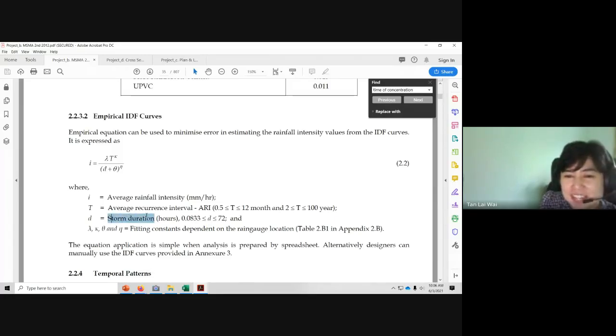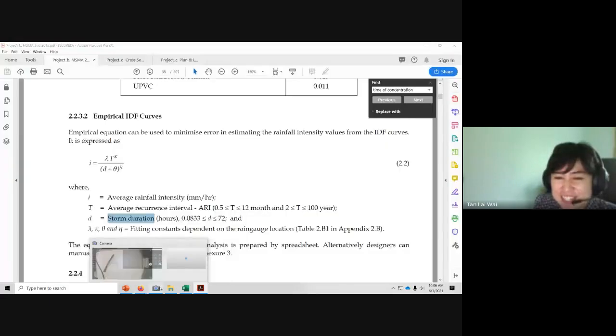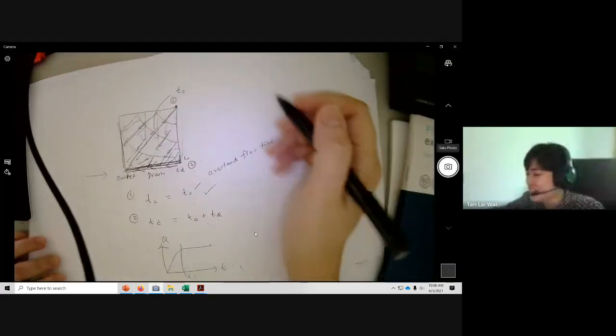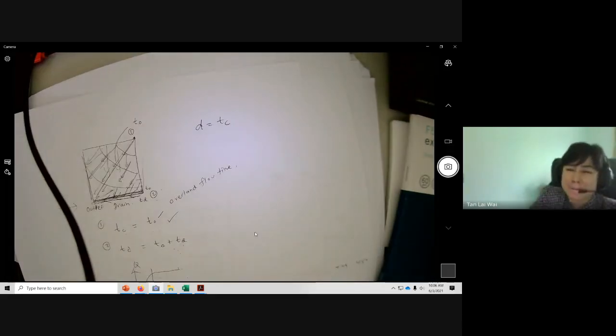Ni storm duration kan? Betul tak? Betul. Jadi D sama dengan TC.